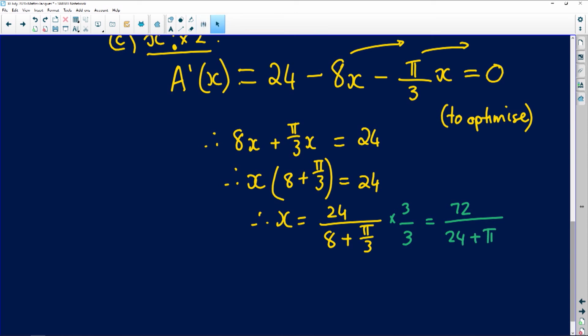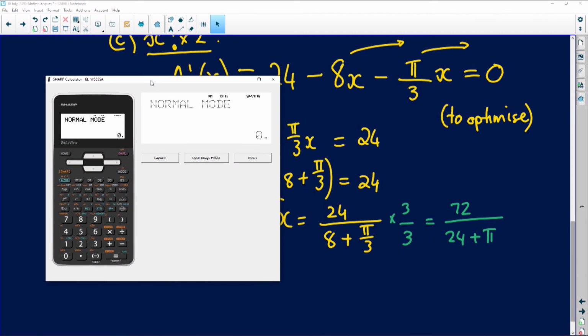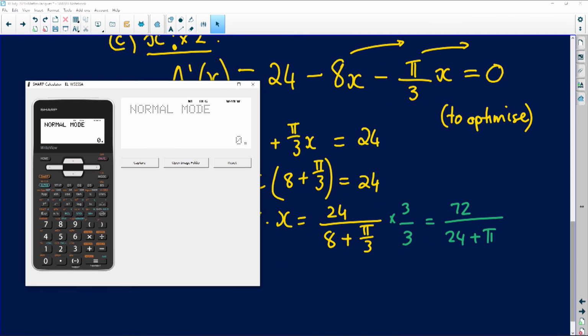Okay, so let's bring our calculator up and we calculate what that result will be. 72 divided by, now remember, use brackets, 24, and it's added to pi. Now pi is over there, beautiful. I press my equal sign, 2.65.